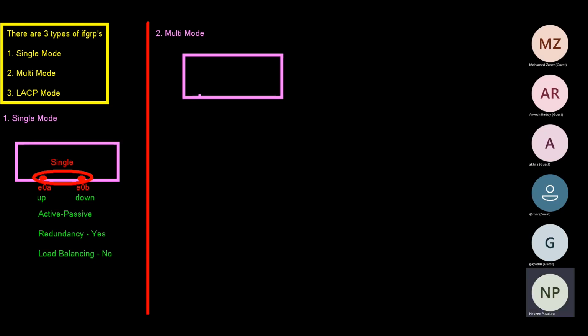We have a controller where we have two ports, and we just want to configure an if group on top of that. Let's assume that this is a multi-mode if group. And the port names are E0A and E0B.